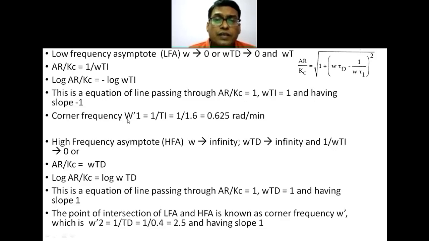So omega 1, the first corner frequency, is 1 upon tau I. The tau I value is 1.6, so omega 1 comes at 0.625, and similarly the corner frequency omega 2 is 1 upon tau d, which is equal to 1 upon 0.4, and that comes as 2.5.